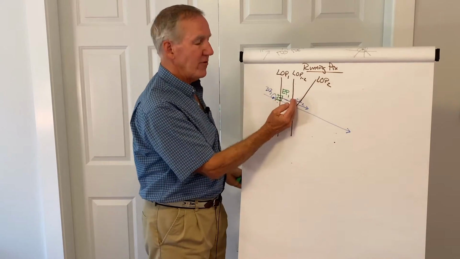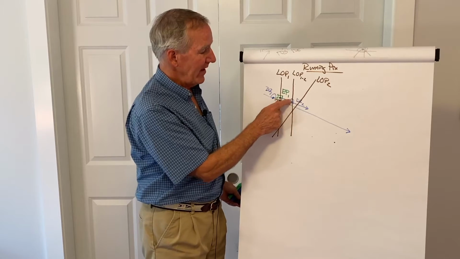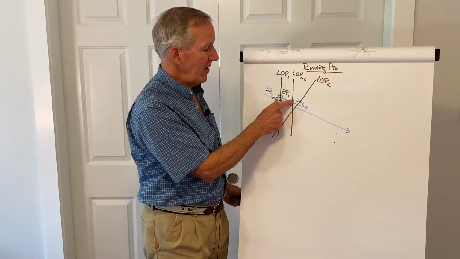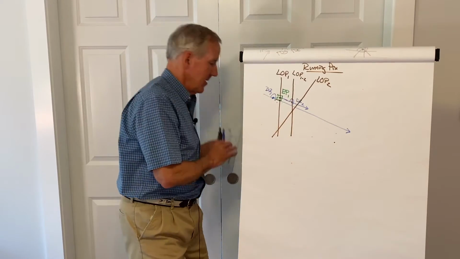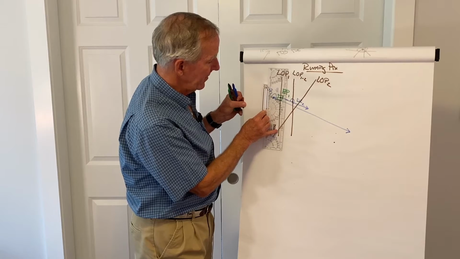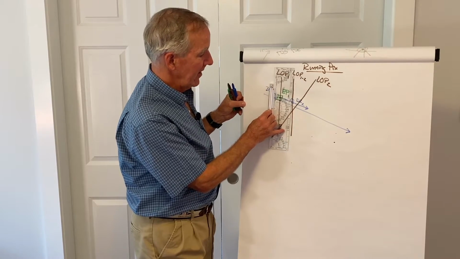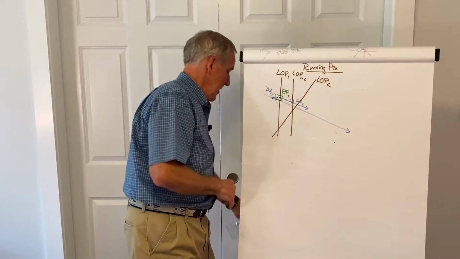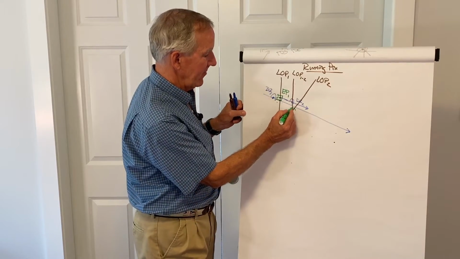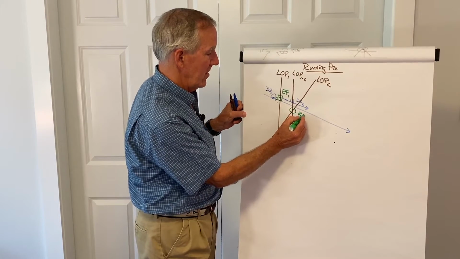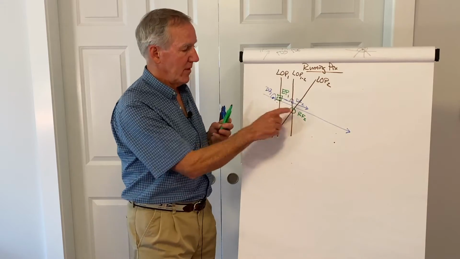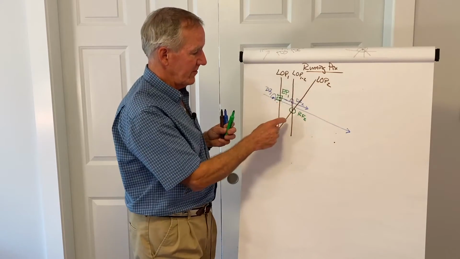We've run this forward, advanced it based on our course and speed up to our DR. Using our plotting tool, all we have to do is move it until it intersects the DR and scribe it in, and we have the makings of a running fix where these two lines of position cross.